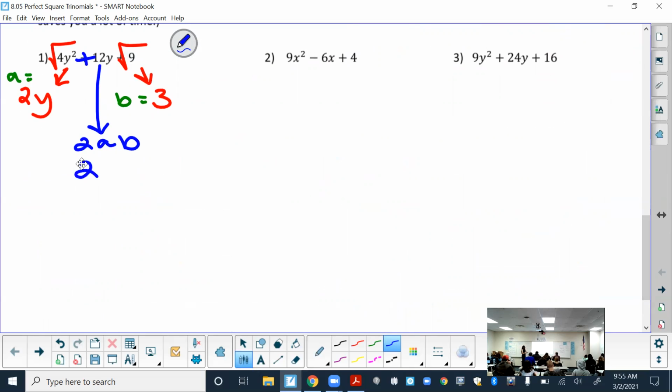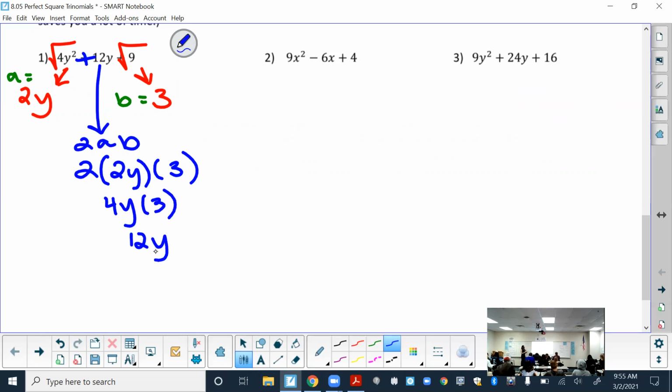So I have 2 times a, which is 2y, times b, which is 3. And then you're checking when you multiply this out if you get this middle term. So 2 times 2y is 4y, and then times 3 is 12y. Does that match up here? Yeah. Then yes, this is a perfect square trinomial.